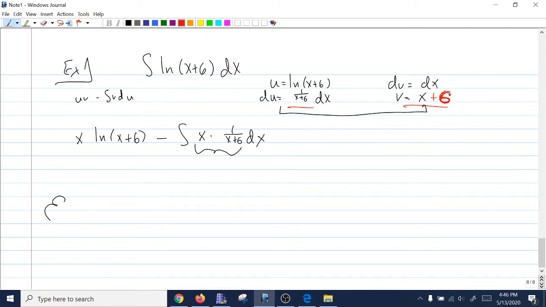This problem is an example of a time that it can be a good idea to put a plus c on your v. If v was x plus 6, that means that v du becomes a super easy integral. Integrating x times 1 over x plus 6 doesn't look that hard, but it's not for free. As opposed to if I put an x plus 6 there, it becomes a completely free integral.